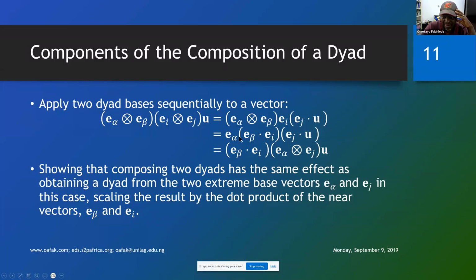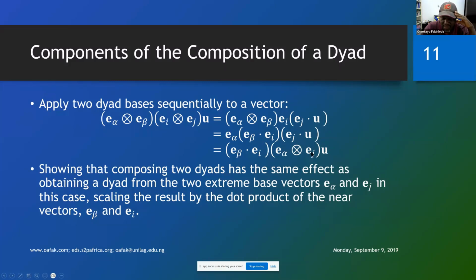So these two brackets are scalars. So you can see that if you look at it very well, it's written as E beta dot EI into EI dyad EJ.